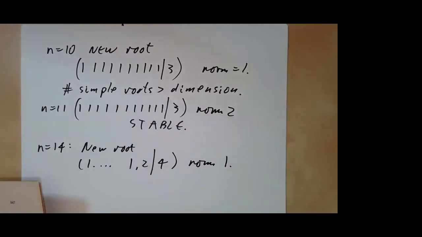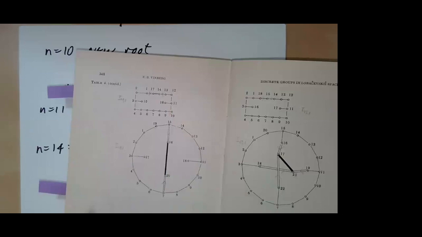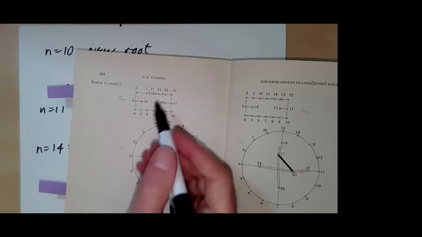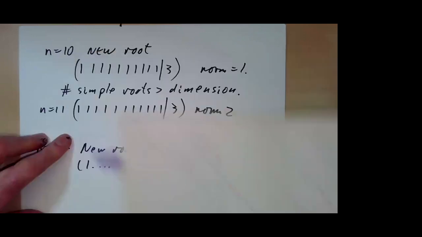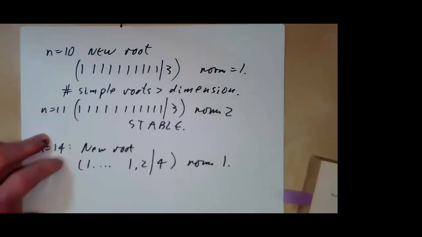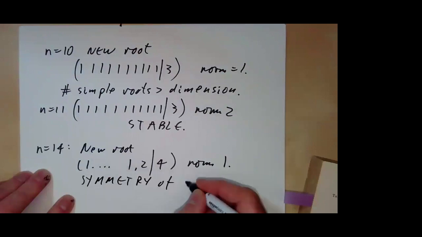The diagram now looks like this. What you notice is the Dynkin diagram has now acquired a symmetry of order 2. So the new phenomenon here is that we get a symmetry of the Dynkin diagram.